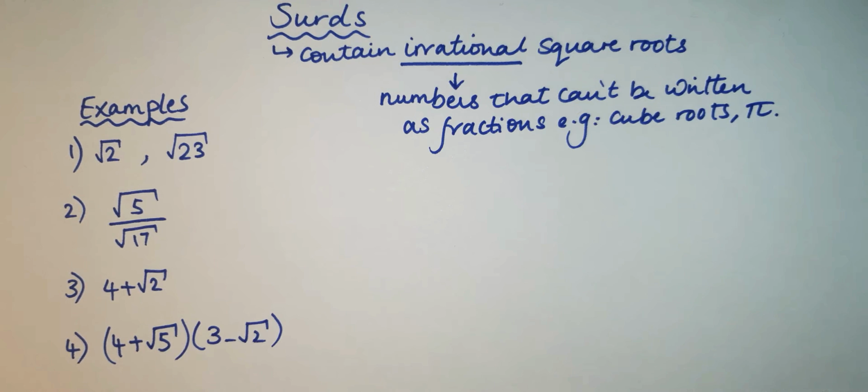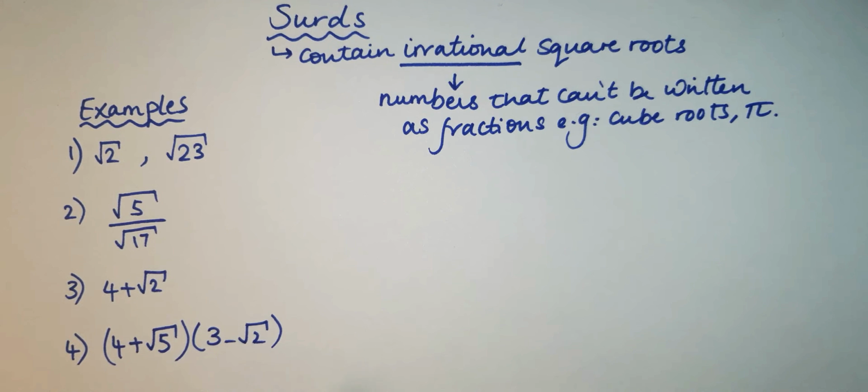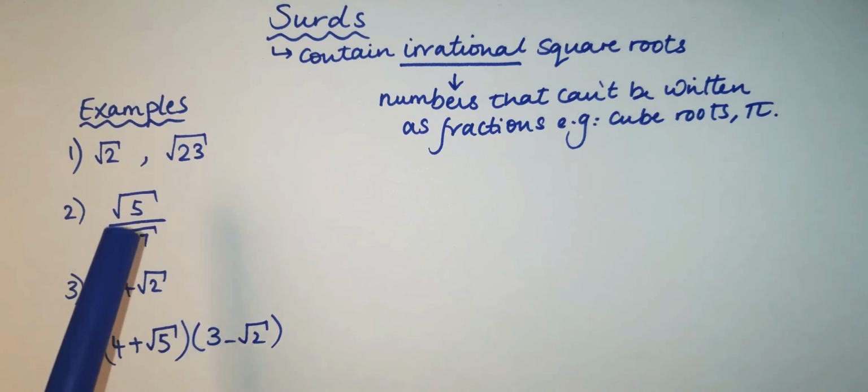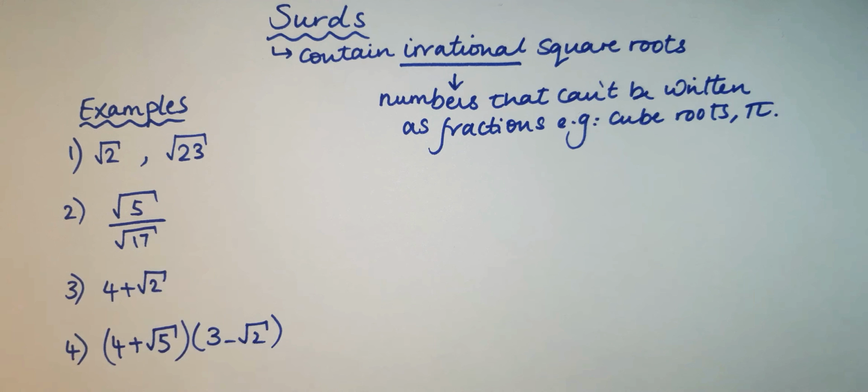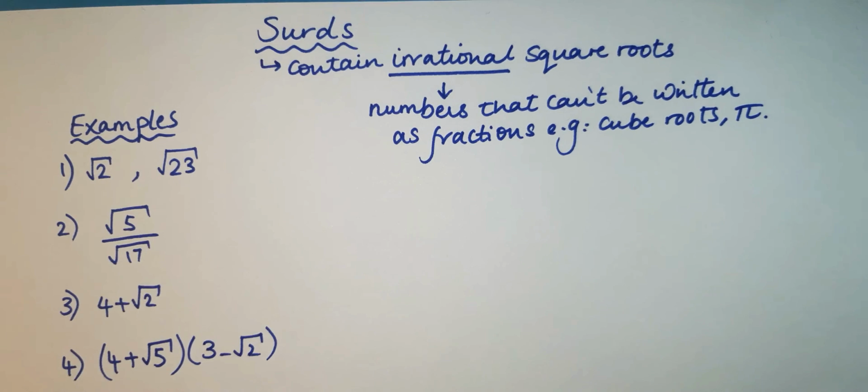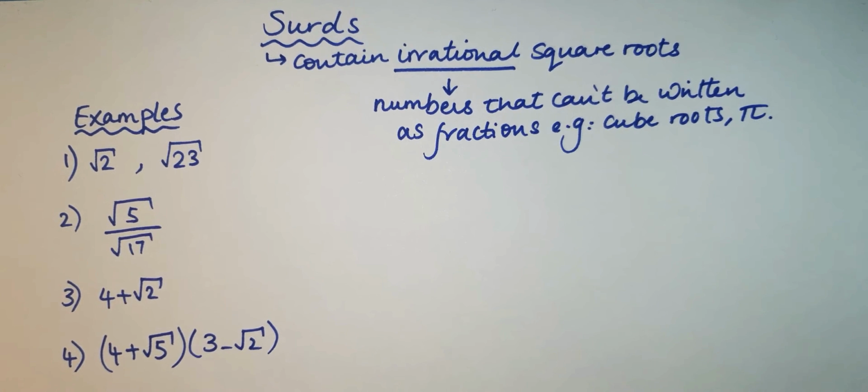And then we have our double brackets of 4 plus root 5 and 3 minus the square root of 2. This is a surd and this is a surd. So those are all examples of what surds look like. They can come in just irrational square roots, they can be in terms of fractions, they can have a positive integer with them, and they can also be in the form of double brackets.